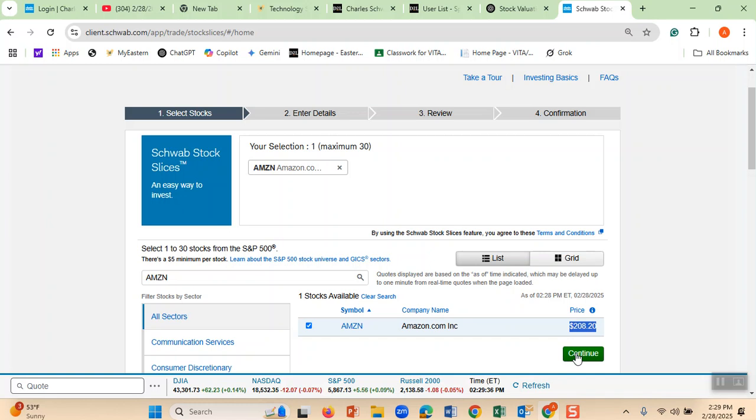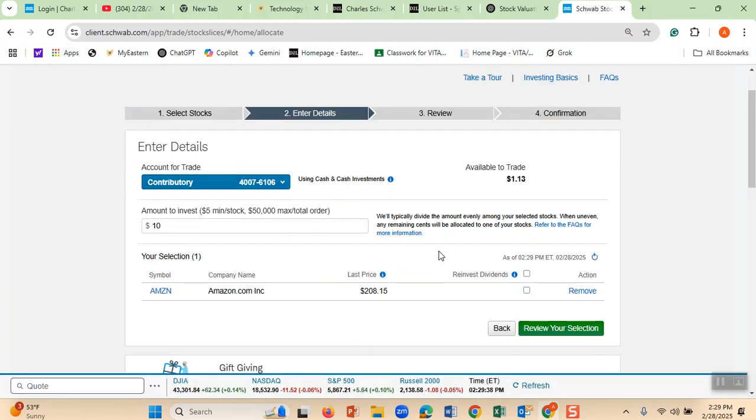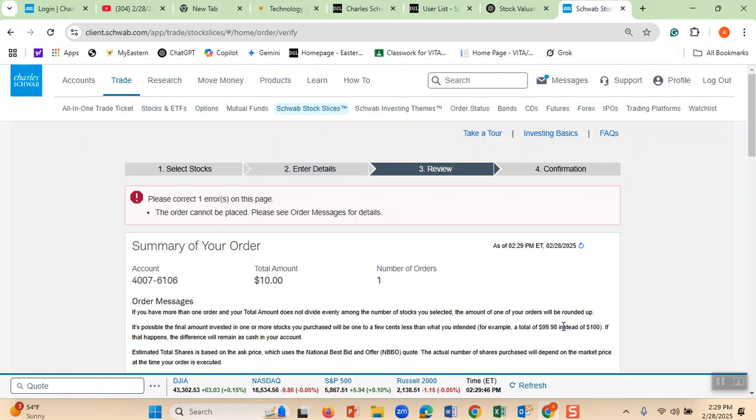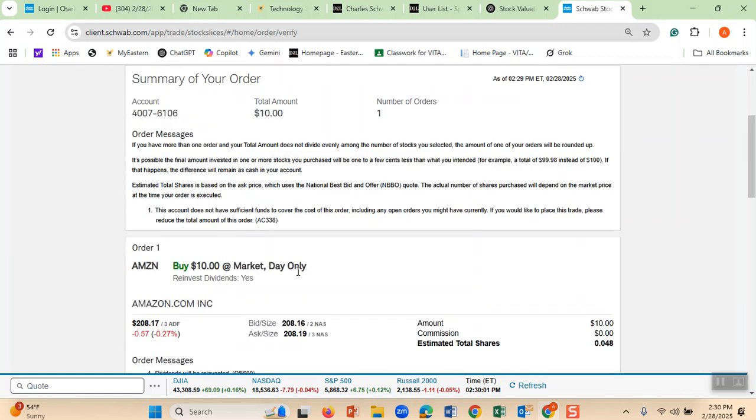Then he clicked continue. And then here is Amazon, and he put a check mark here, and he clicked review selection. For this one, because I already placed an order one time, it doesn't allow me to place another order. But when you do, it comes in here, gives you the account number, and it says you are buying $10, and the commission is 0.